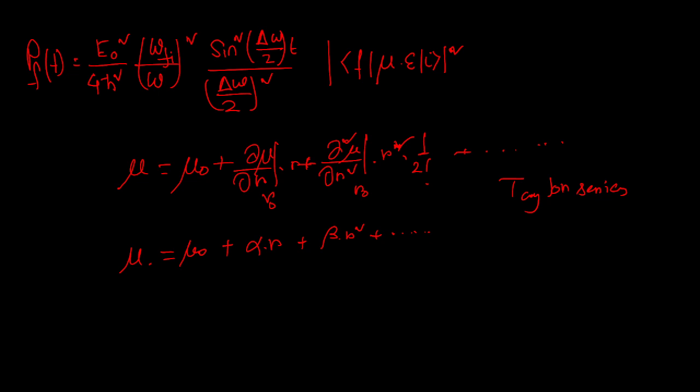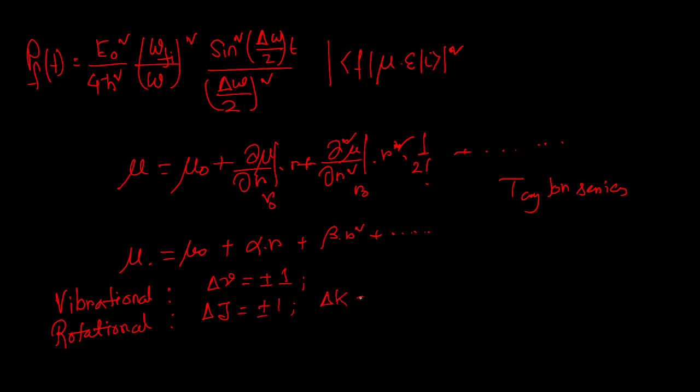So using this equation, for the vibrational excitation case we get delta nu equal to plus minus 1. Similarly for the rotational case, this is plus minus 1 and delta k is 0.